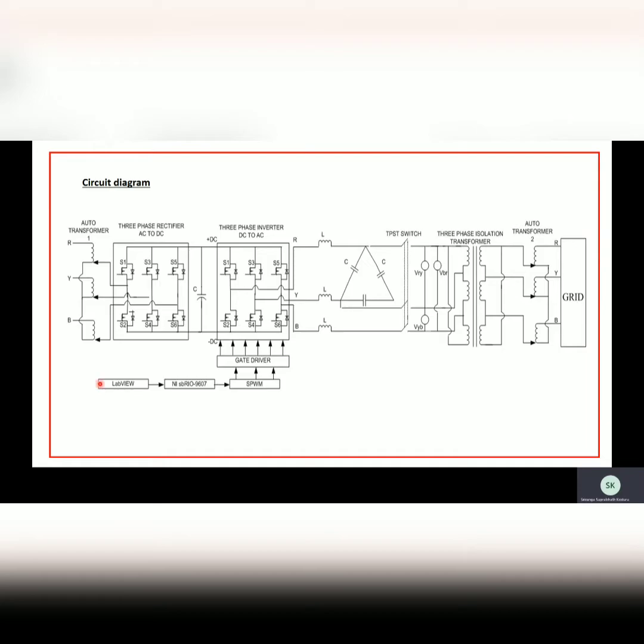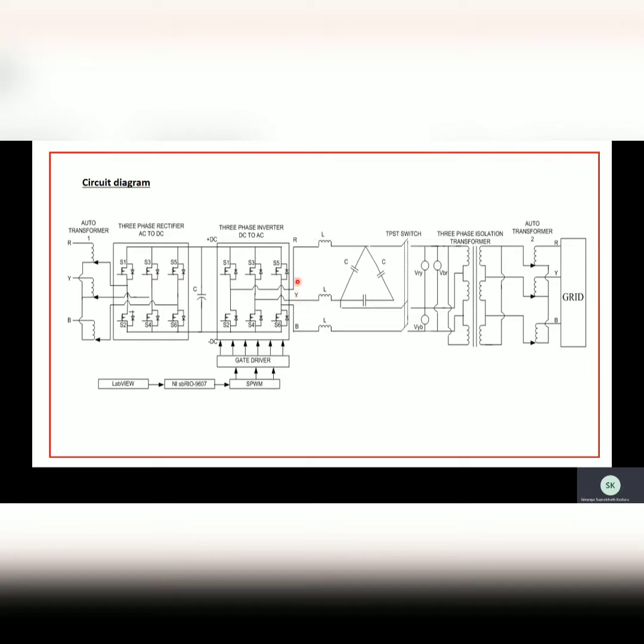Using the LabVIEW program, we can generate the SPWM pulses, and these SPWM pulses are given to the switches. We use SBRIO as an interface between the LabVIEW software and the gate driver circuits of the inverter. The output of this three-phase inverter is given to the LC filter.